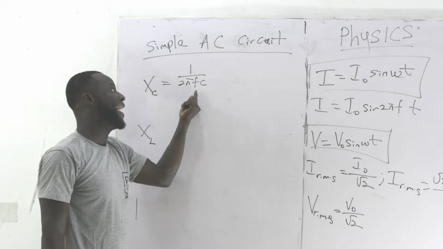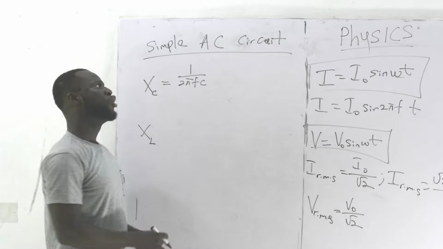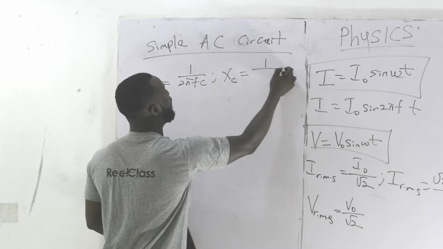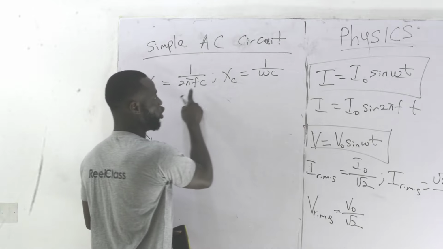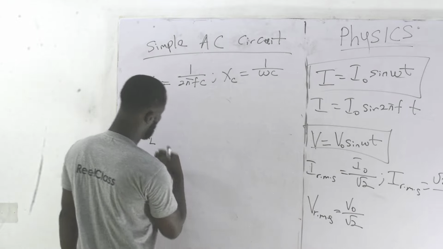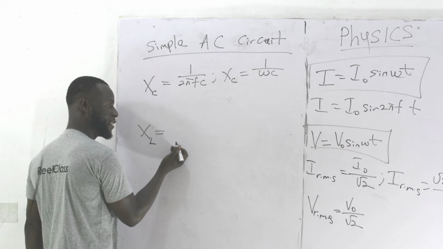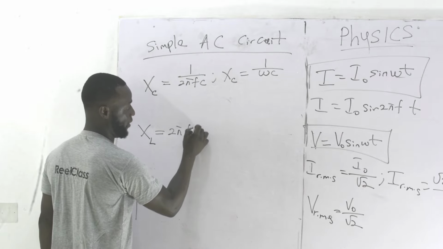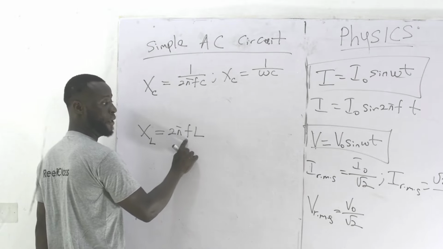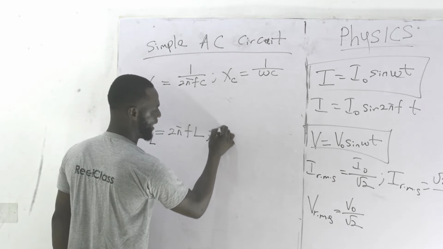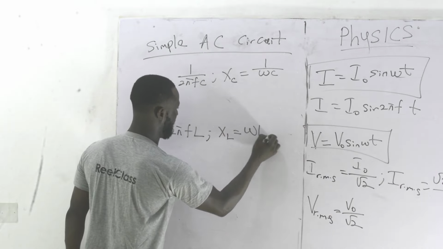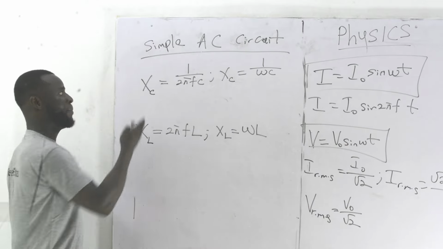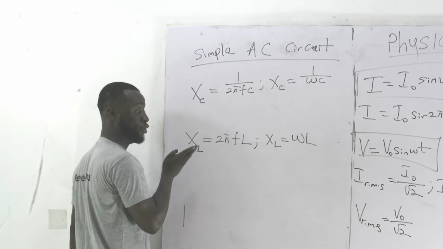Recall that I said that 2 pi F is W. So I can also rewrite this as XC, capacitive reactance, is equal to 1/WC. For inductive reactance, XL is equal to 2 pi FL. Again, 2 pi F is W, so I can also rewrite it as XL equals WL. Remember, XC is capacitive reactance and XL is inductive reactance.